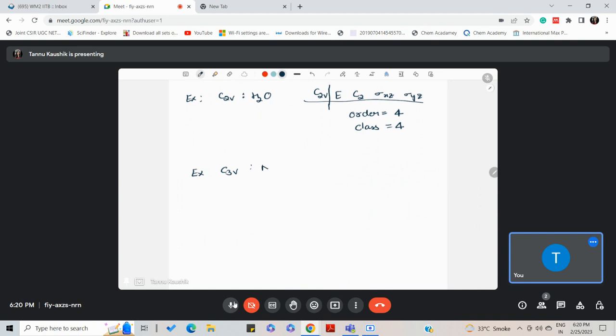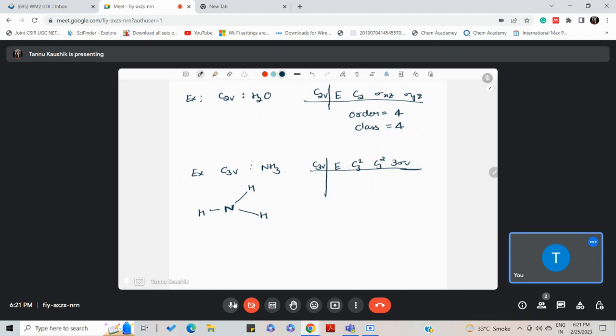Okay, C3V point group, NH3. So it has E, C31, C32, and 3 sigma V. We have already seen NH3; if we represent it like this, NH, all of them have almost a 120-degree angle between them.